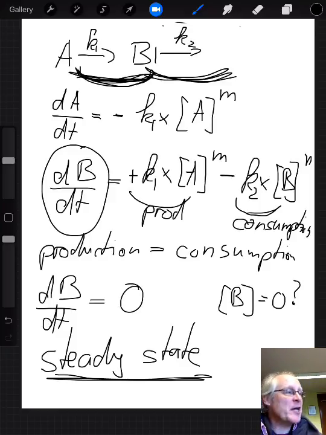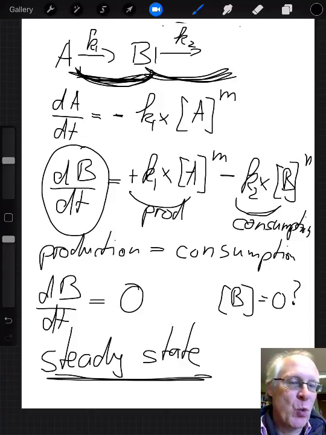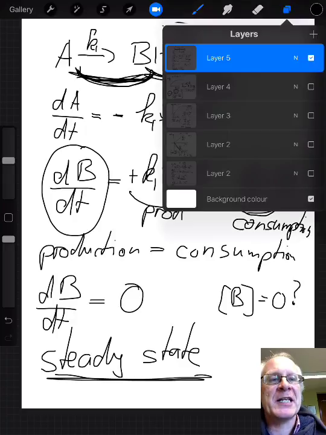No, the concentration of B can be anything. It only means that there is no further change in the concentration of B. But the concentration of B can be whatever you get from it. Now, Alex just mentioned a word, and I want to come back to that in a moment.